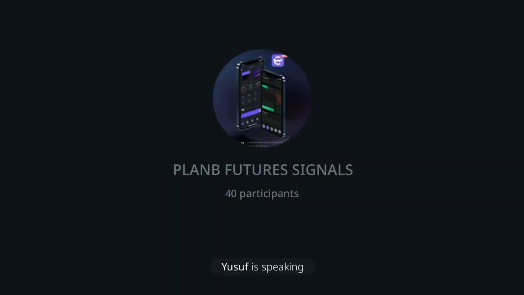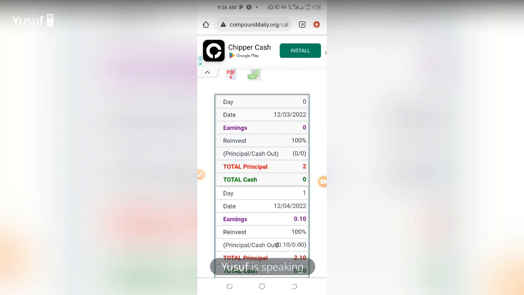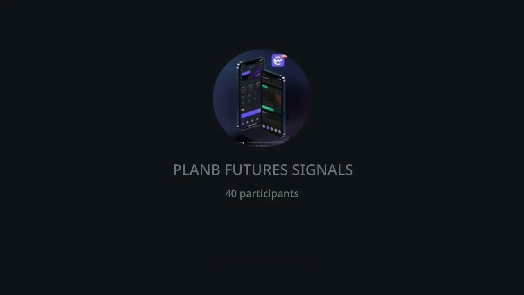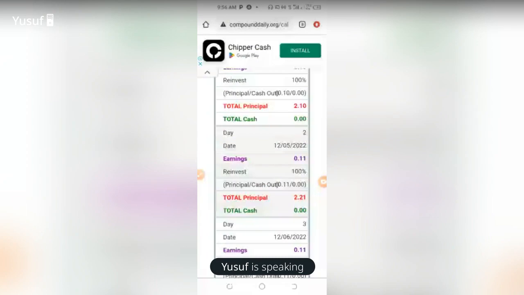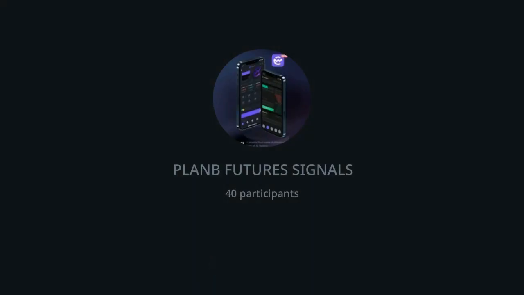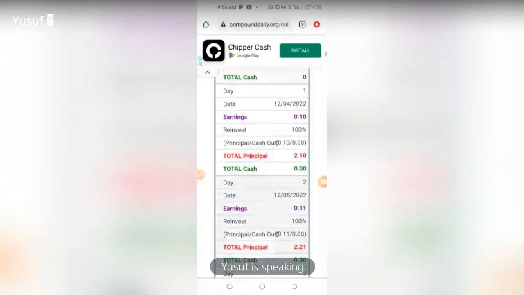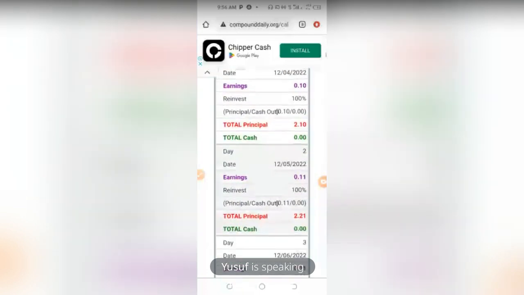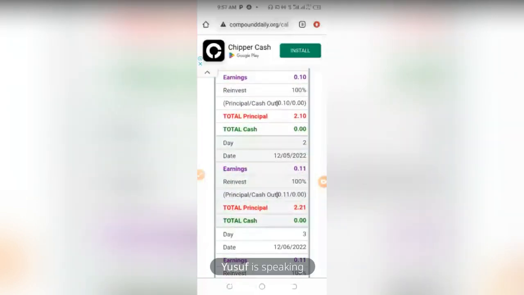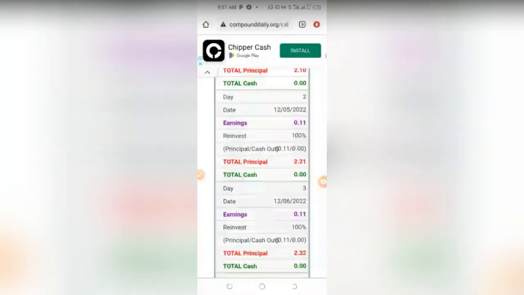So for day one, just like what I calculated, your target is to meet just 10 cents, 0.1% profit. So for day two now, your capital will move to 2.01. So day two will be 0.11 again.